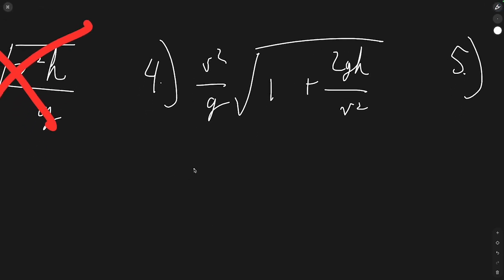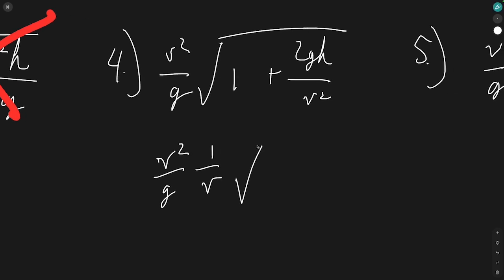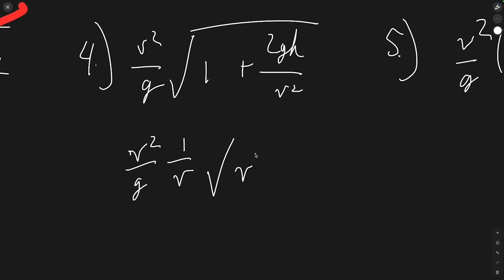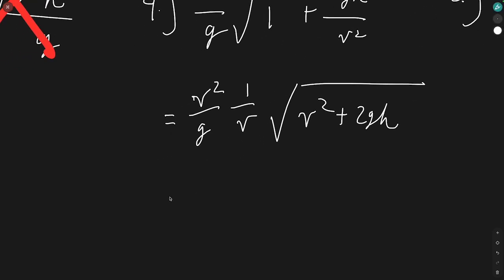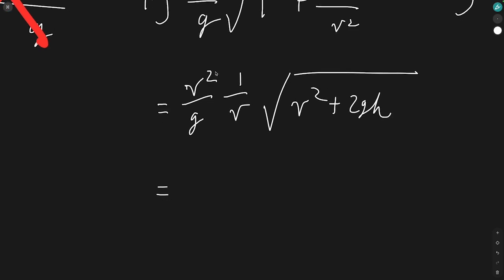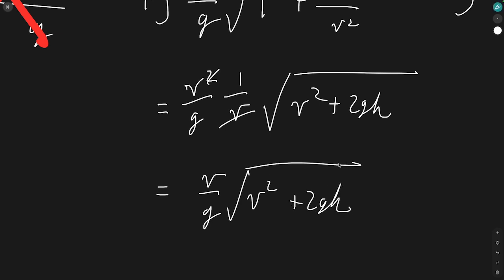So what I can do is divide the outside by v and multiply the inside by v squared. Okay, this gives us this, right? v over g times square root of v squared plus twice gh.